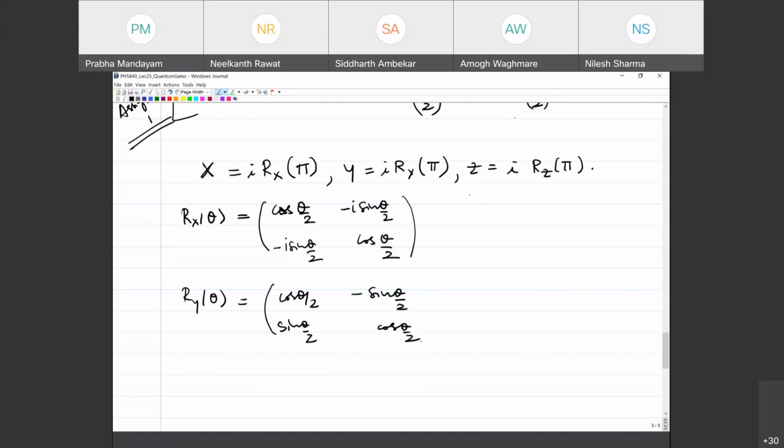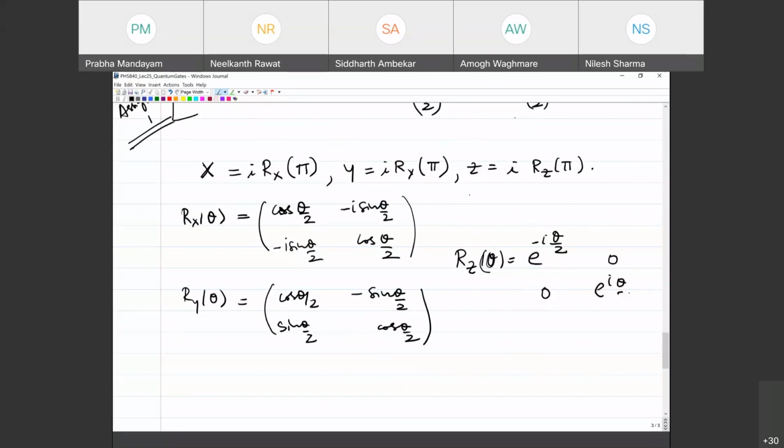and Rz is nothing but the diagonal matrix. Note that in the definition, when I say there's a rotation matrix with angle theta, the definition carries with it a theta by 2. Why is that? We can easily understand this from the Z example.